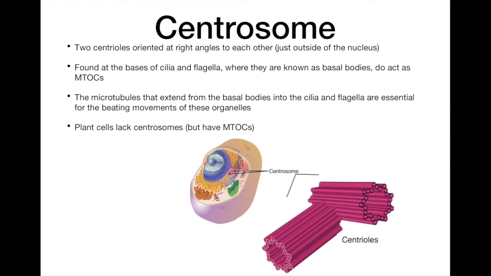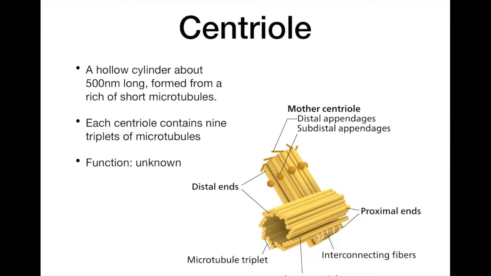A centriole is a hollow cylinder, about 500 nanometers long, formed from a ring of short microtubules. Each centriole contains 9 triplets of microtubules.